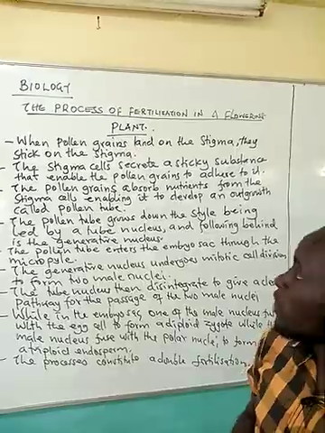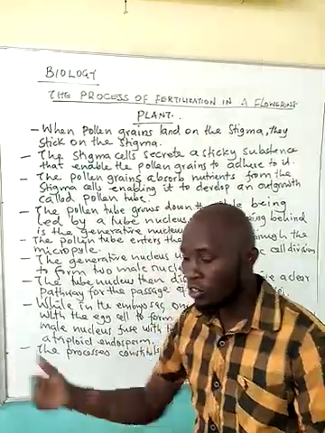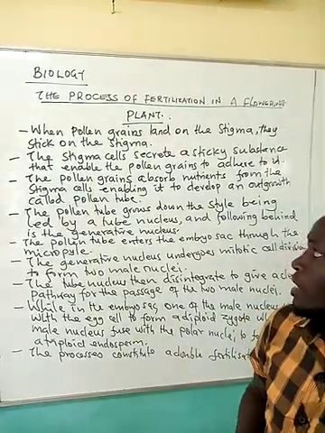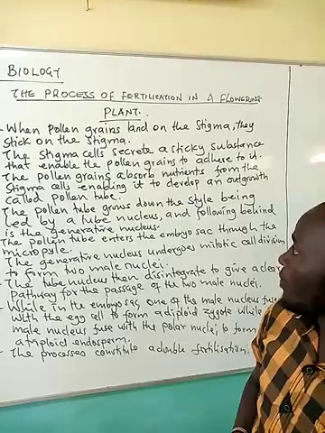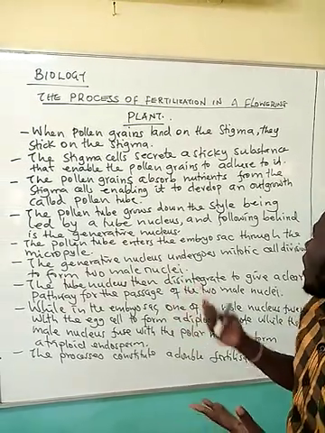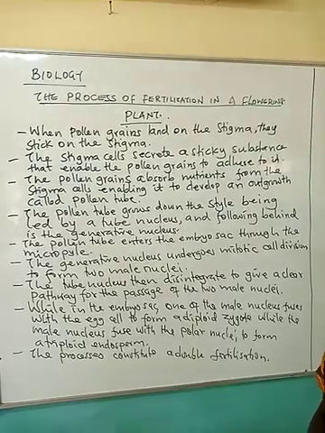The nutrients withdrawn from the stigma cells are going to enable the growth of a part that we are calling an outgrowth. The outgrowth is called a pollen tube.